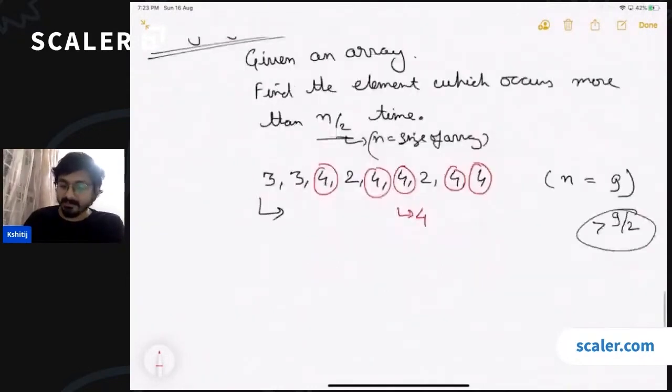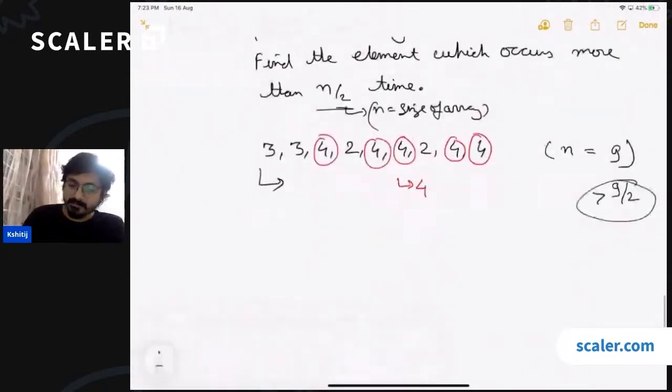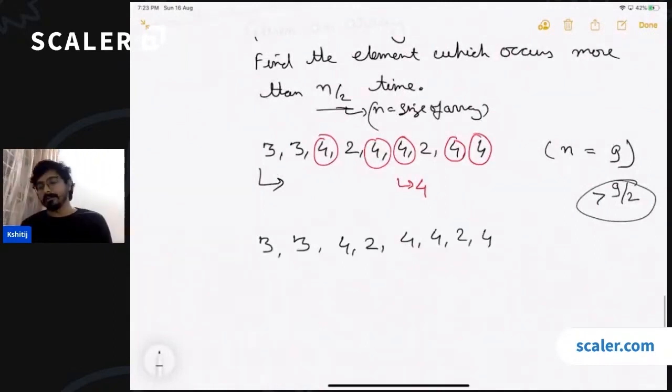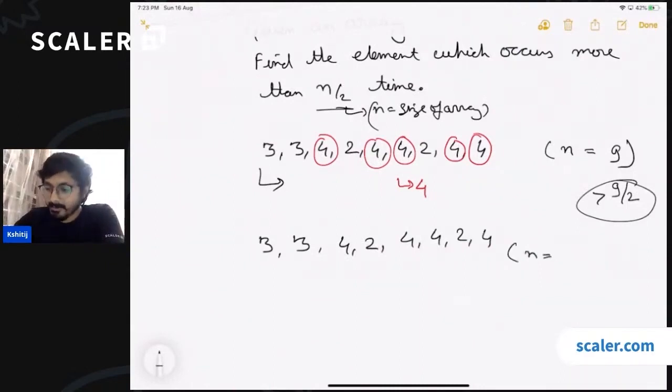Let's take another example. Let's say we have 3, 3, 4, 2, 4, 4, 2, 4. What is the majority element in this case? The size of the array is 8. What element occurs more than 4 times? 4 occurs 4 times, but we need something which occurs more than n by 2 times. 4 is not more than 4.